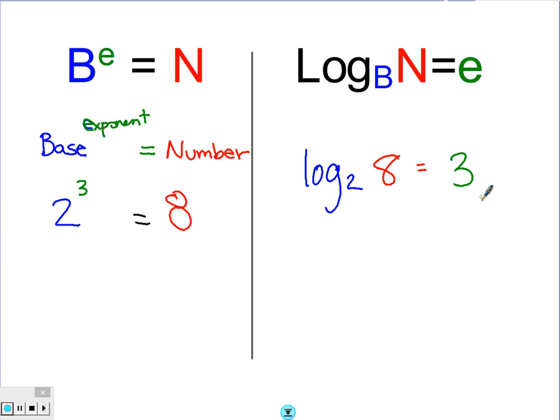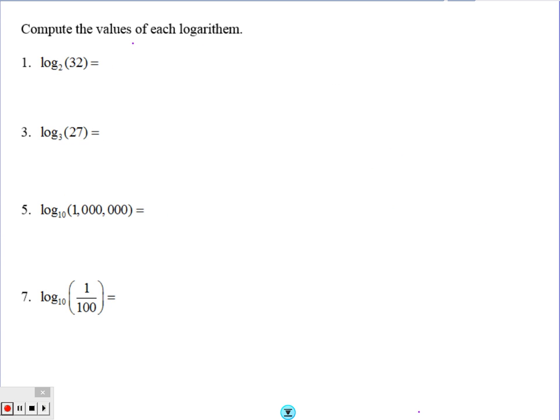So this is a true statement. 2 cubed is 8. This is another way of saying that statement. 2 to the third power is 8. Okay? So in this question, when we're given a log, we are asked, what is the exponent? What exponent are we using? What exponent gets me to 8?